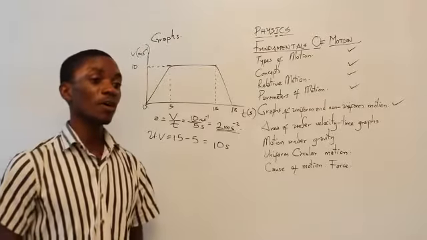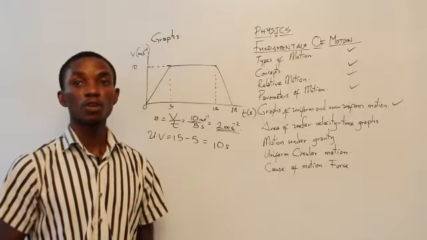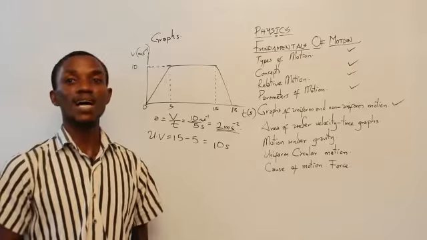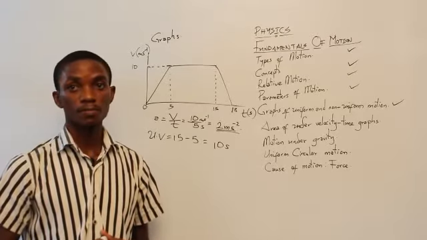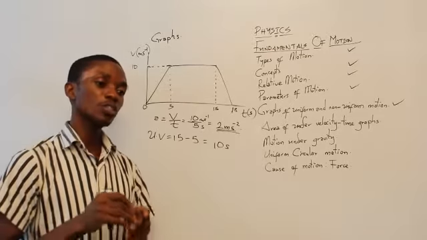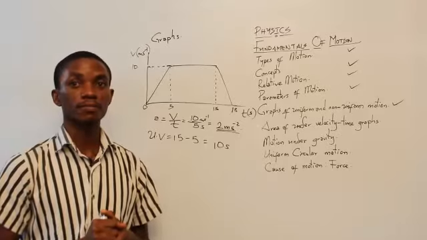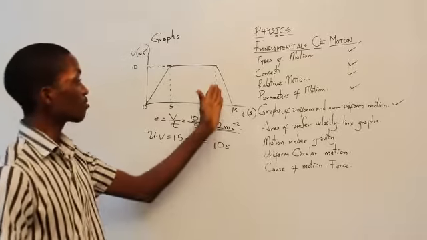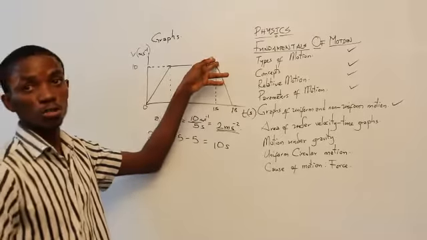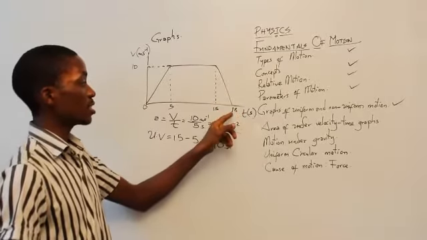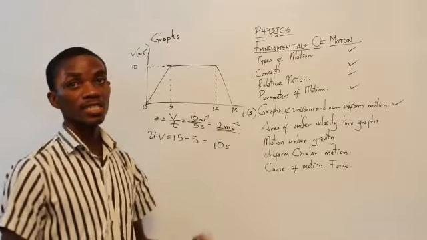Also, a question can come up: with what deceleration, or negative acceleration, did the vehicle come to rest? Or how much deceleration was experienced when the brake was applied? We can calculate that in the final segment, because this is the one showing the vehicle coming from motion to rest, between 15 and 18.